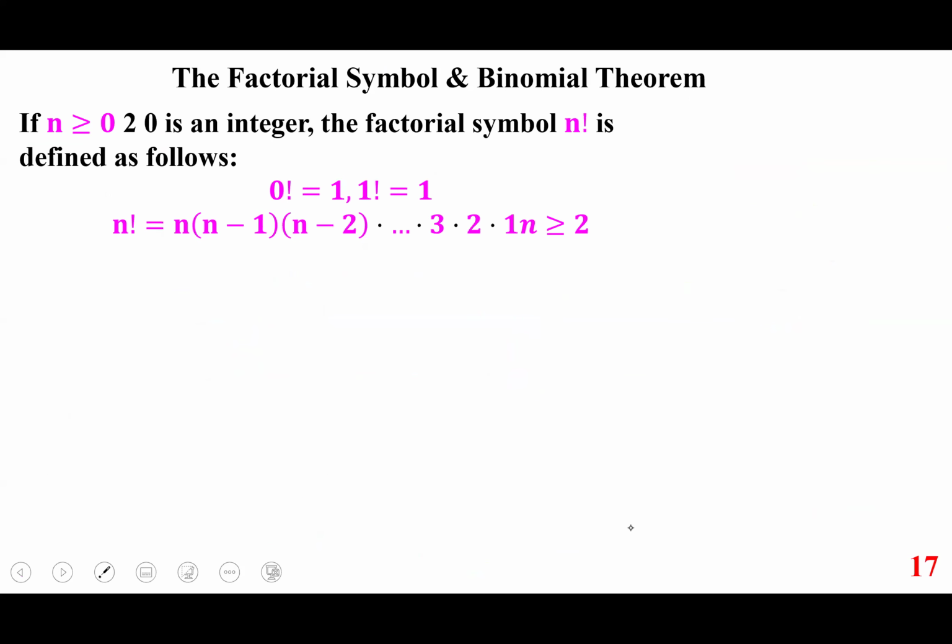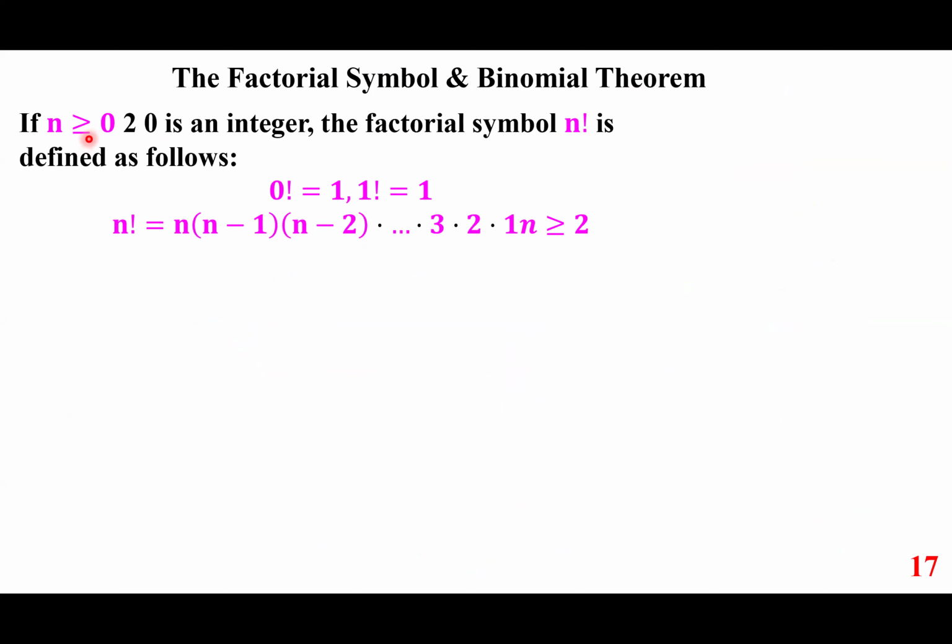All right. So again, pretty straightforward. Now, let's remind everybody of a couple of things. The factorial symbol and binomial theorem.